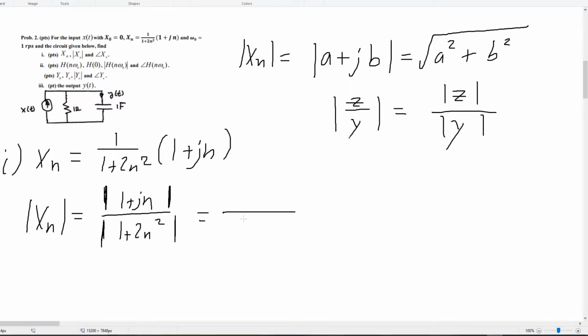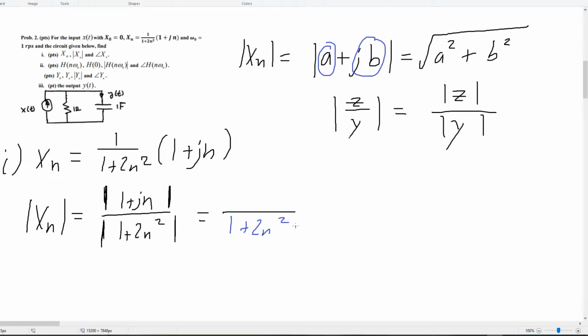1 plus 2n squared, 1 plus 2n squared. This is blue. And I'll explain it right over here to the right. So what happens is, if they're both real, then that's saying it's this, right? They're both a. The j over here is imaginary, but there are no imaginary parts.